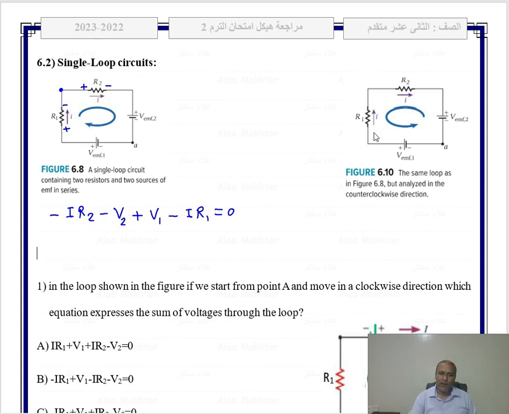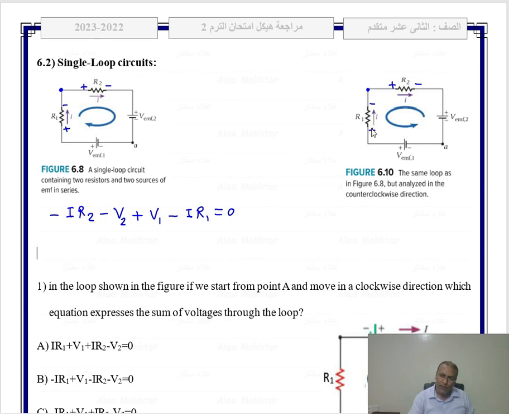The same figure, but we change the path direction, anti-clockwise or counterclockwise. There is a positive, negative, and the battery we know which sign is positive and which sign is negative. I start from this point and move in this direction.